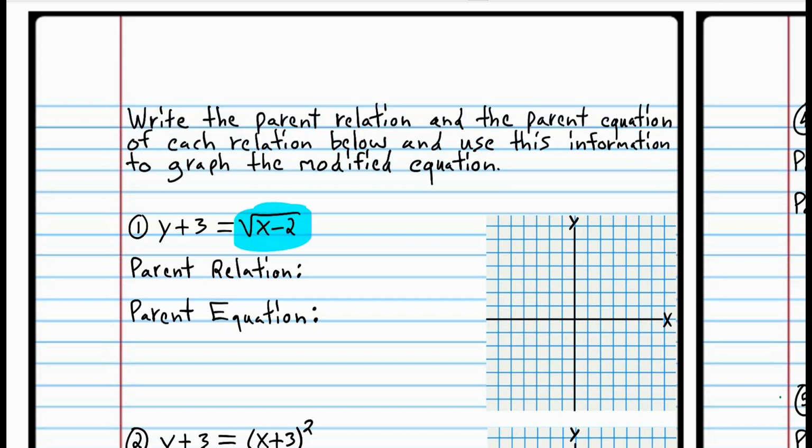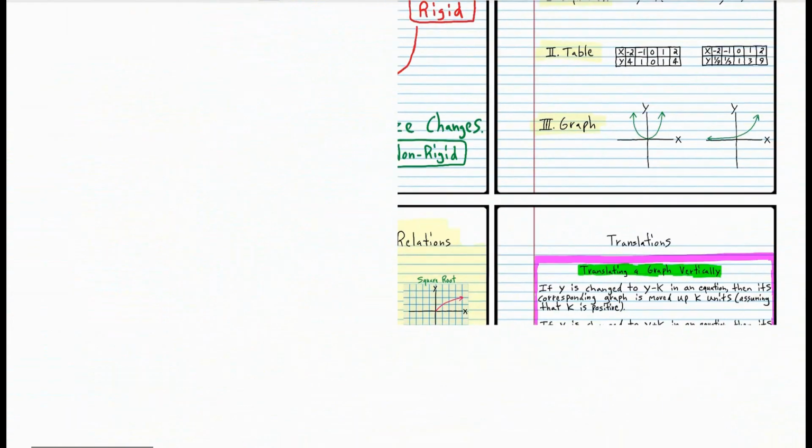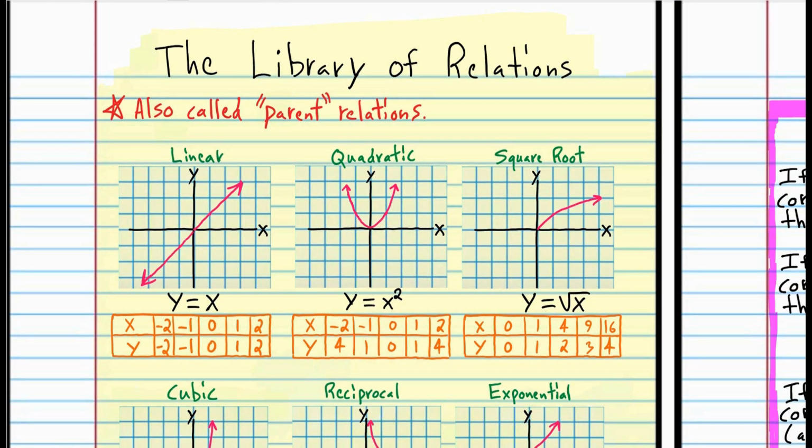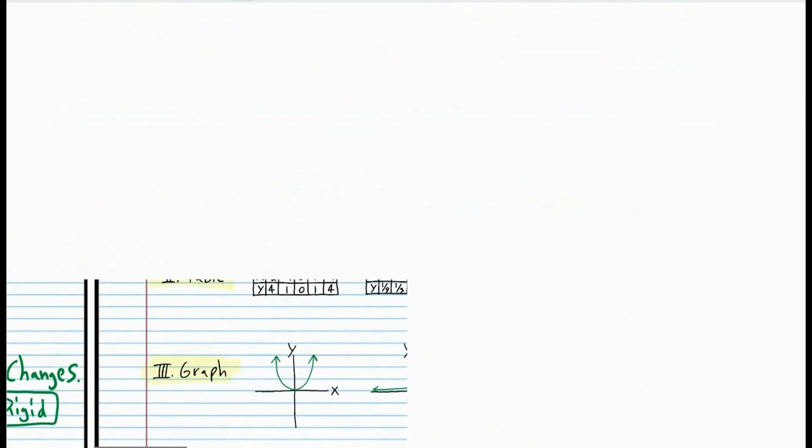Well, we see this is a square root expression, so the parent relation is going to be the square root relation. So that's pretty easy. The parent equation, if you look at your library of relations here, you see that the parent equation is y is equal to square root x. So we're going to write that.